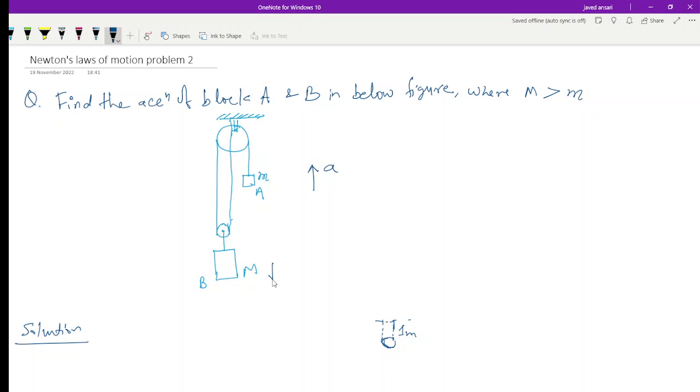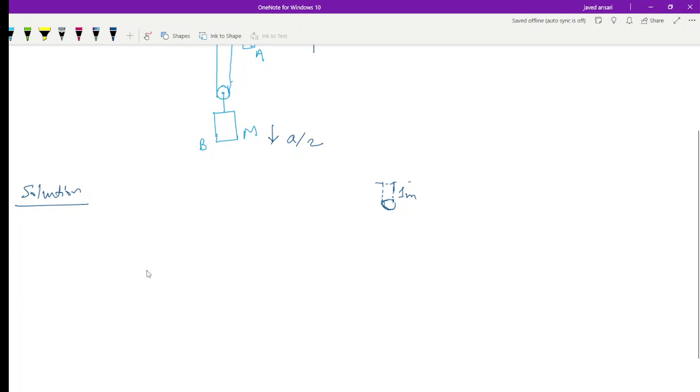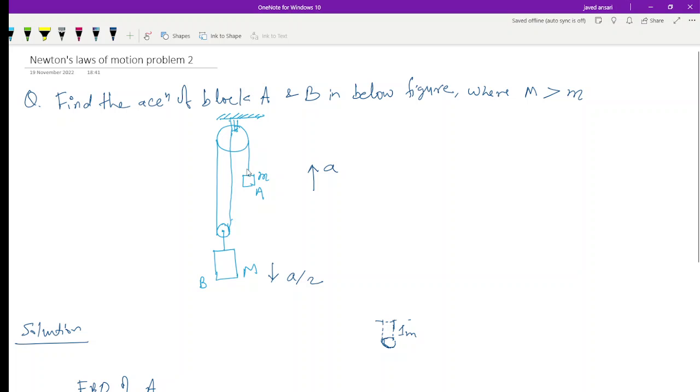This is an important point. So just understand this. Listen to the video again and again, and then you will understand. Okay. So free body diagram of A. Let's draw the free body diagram of A. One more important concept here is let's think about tension.